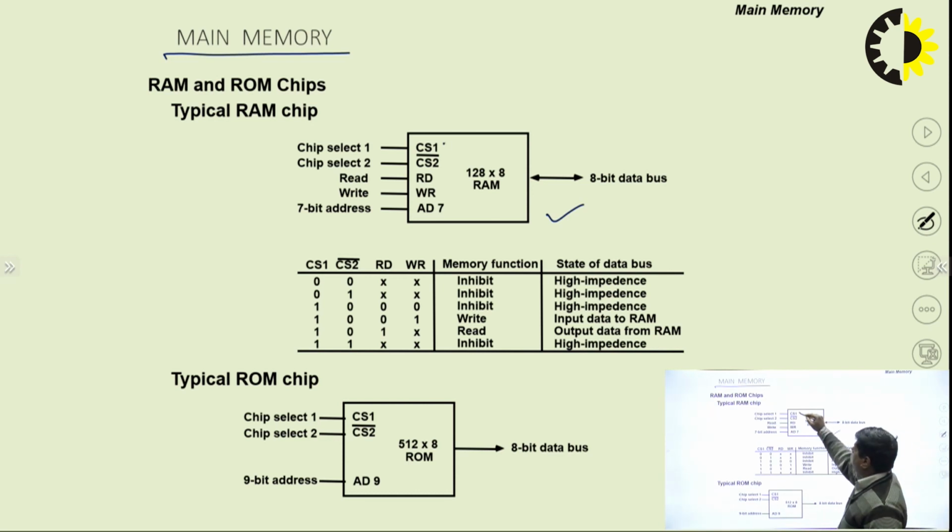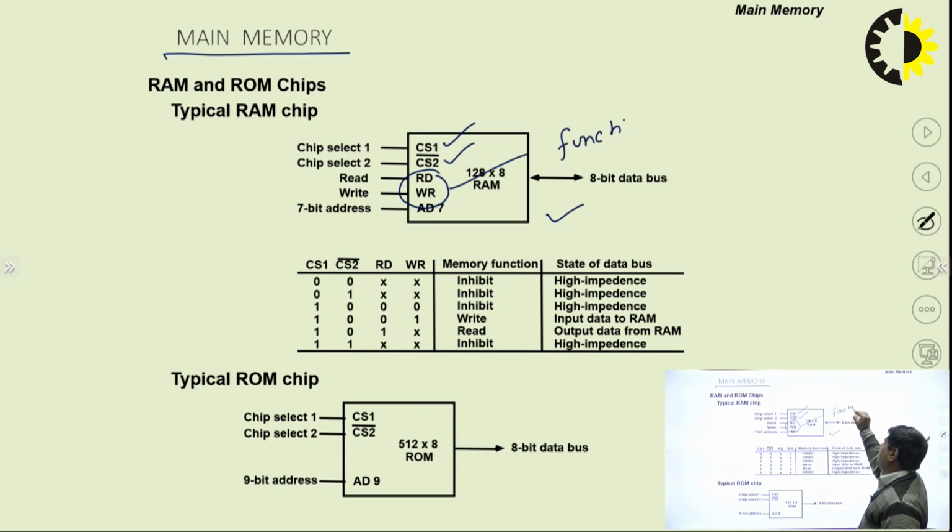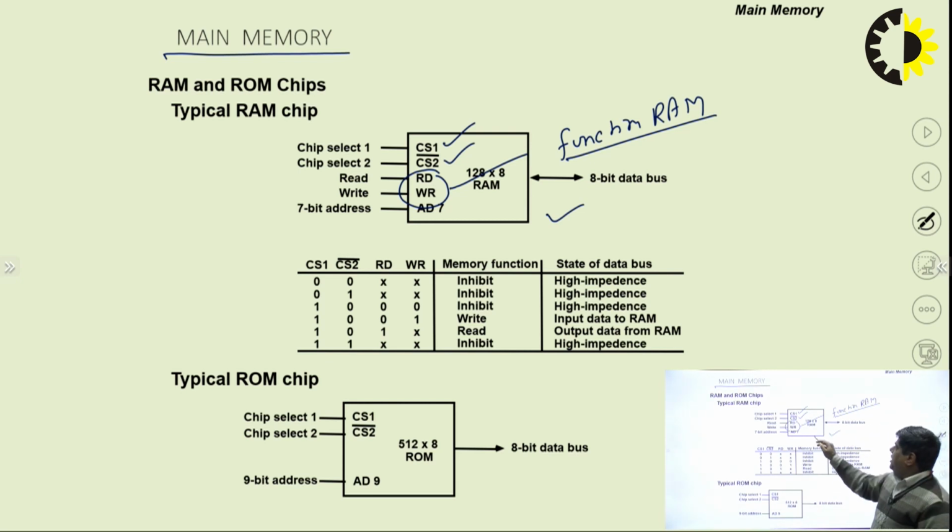These 2 pins are the enable pins for the RAM. It means RAM performs 2 operations, the read operation and the write operation. And these are the data and address pins. It means with the help of these pins, RAM is interfaced with the processor.